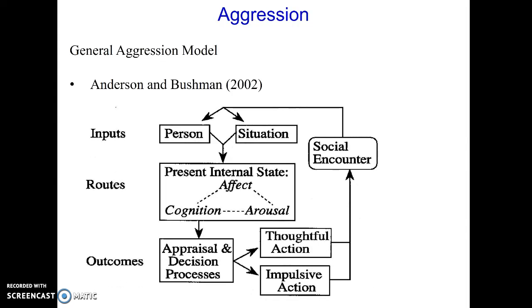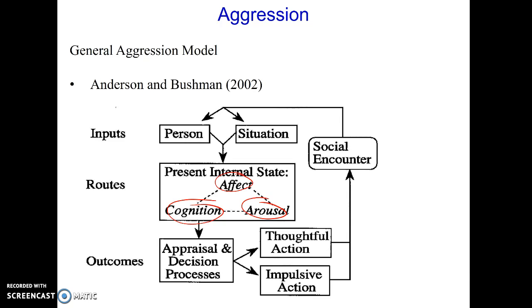So, a few things I want to say about the general regression model, just to make sure we're clear on some things. Number one, you do not need all three of these to be heightened in order for the general regression model to continue on to the appraisal processes. You just need one.